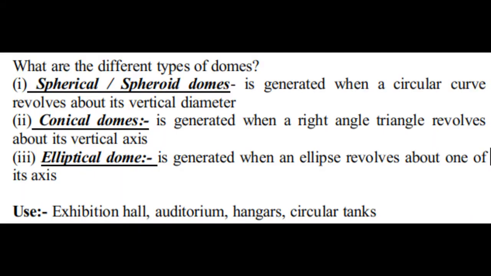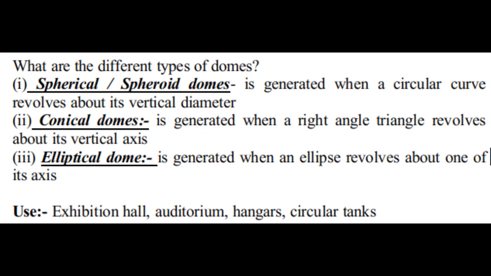Now let us see what are the different types of domes. There are three types of dome. Number one, spherical or spheroid domes. It is generated when a circular curve revolves about its vertical diameter. I have told you the basic definition of a dome: a thin shell generated by the revolution of a regular curve about one of its axes.